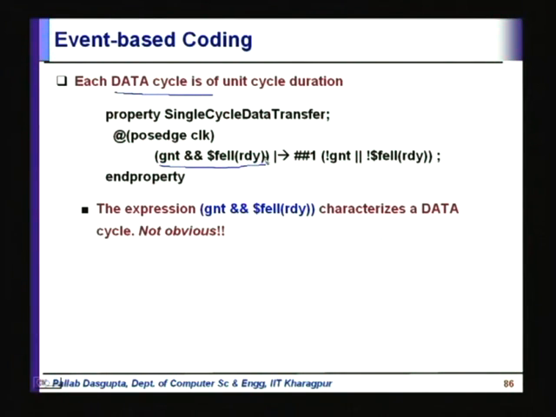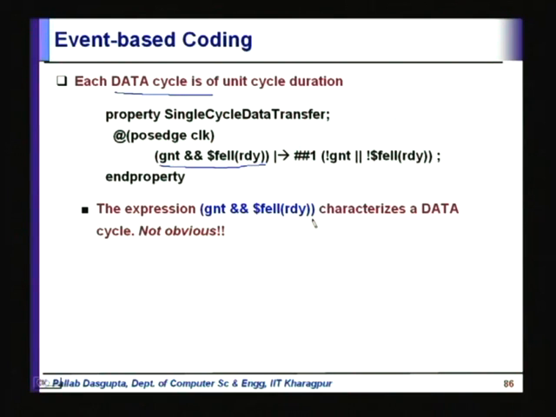If this is the characterizing predicate for data cycle, then if this holds, then in the next cycle not of this will hold. So not of this is not grant or not of $fell ready. So data cycle implies ##1 not data cycle. Now is it obvious that this actually represents data cycle? Not obvious at all.